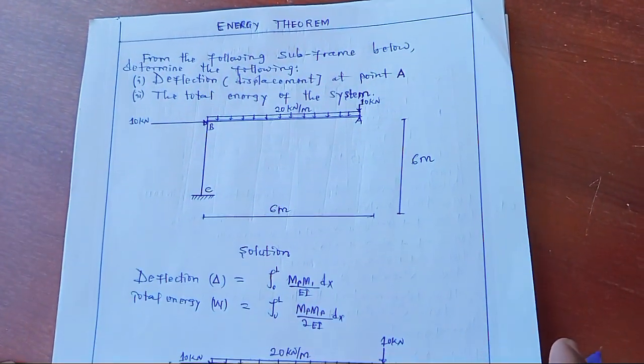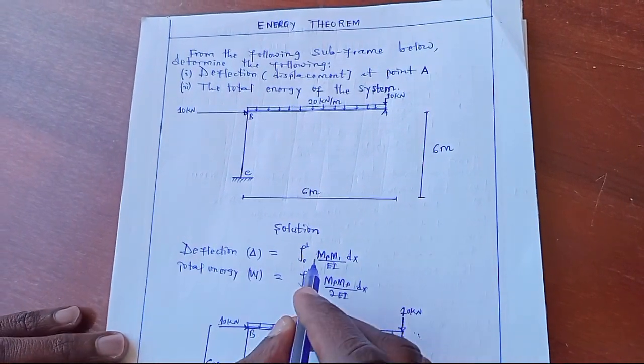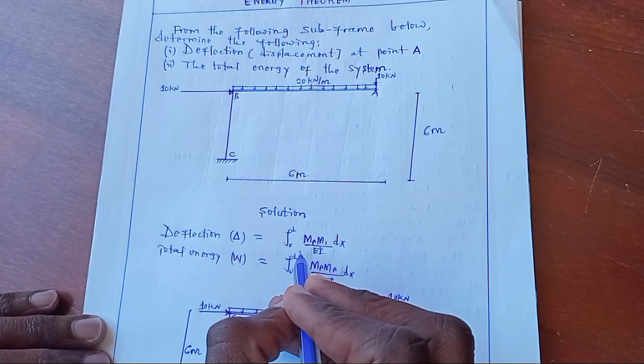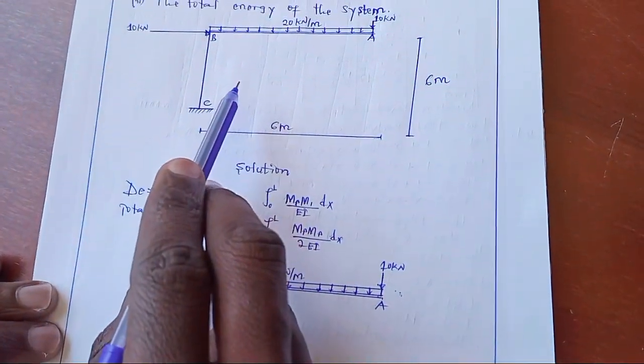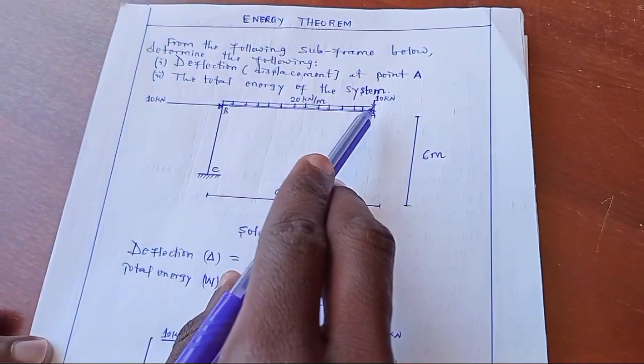In order to determine the deflection, it is obtained by taking the integral of the moment due to applied load, this one, and this one.